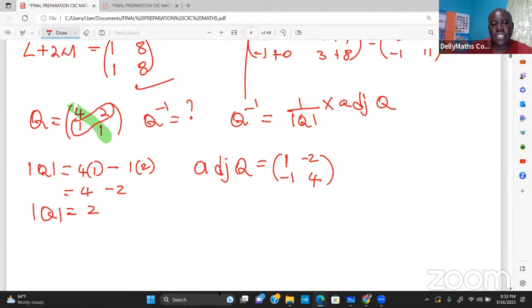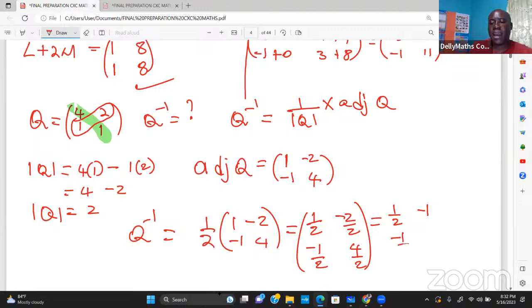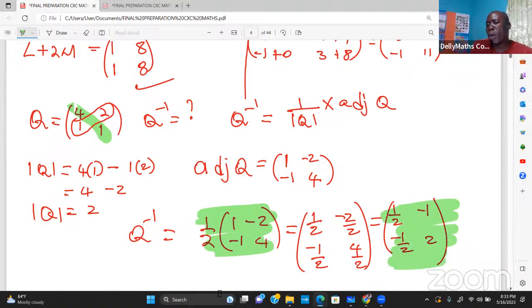Now that we have the adjoint, we can simply say the inverse of Q is 1 over 2 times the adjoint. Truth be told, the moment you set this up, that's the inverse. This is the inverse in a more simplified form.